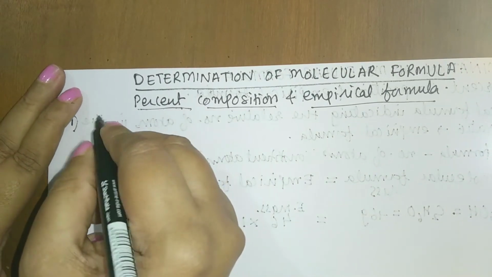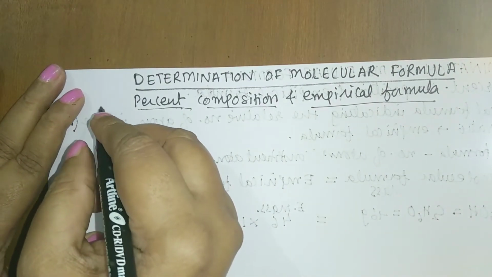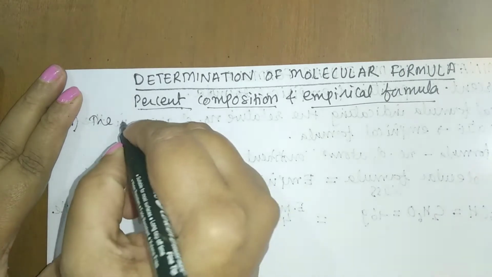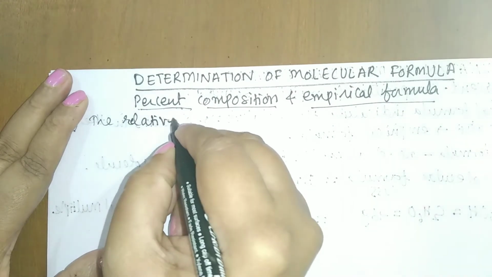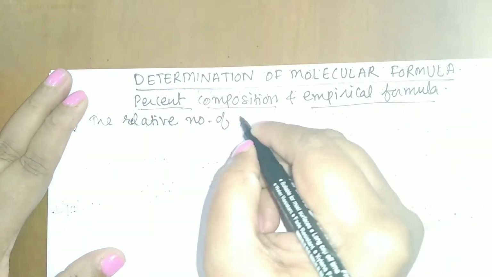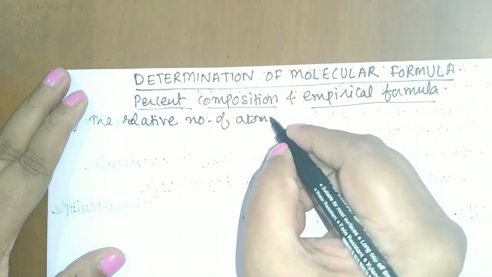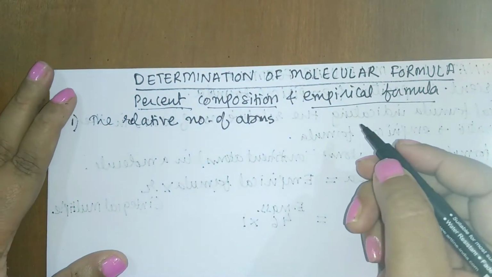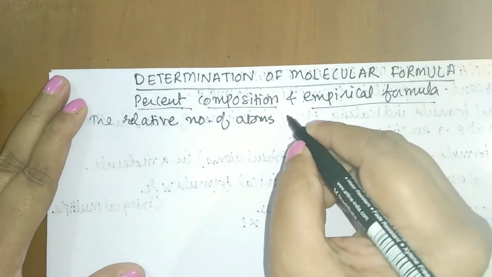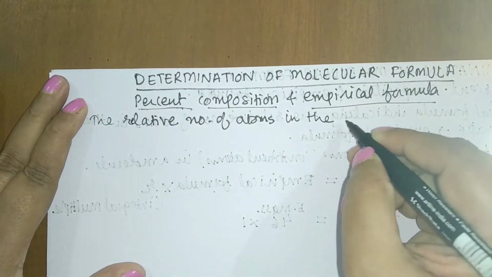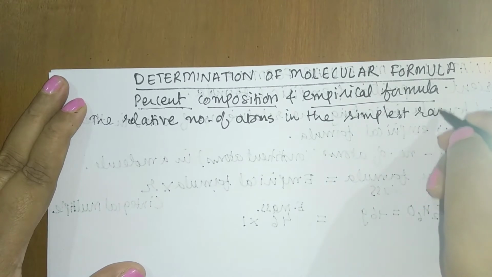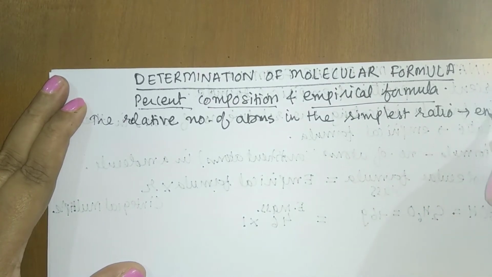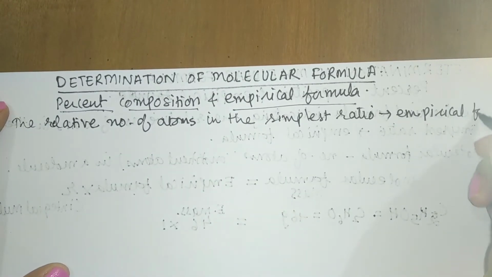So I can write the definition for empirical formula as the relative number of atoms in the simplest ratio, that we call empirical formula.